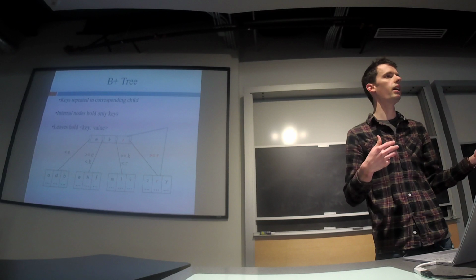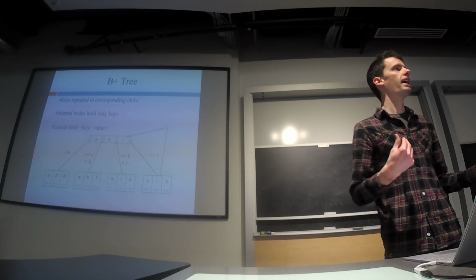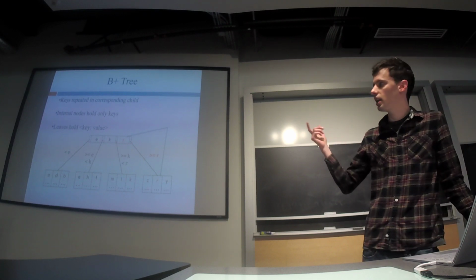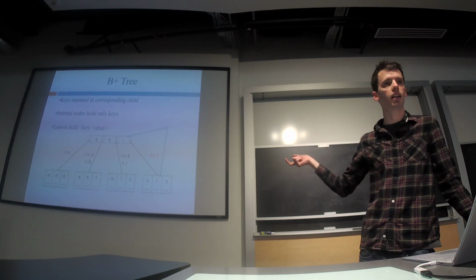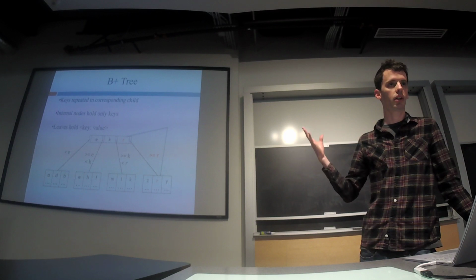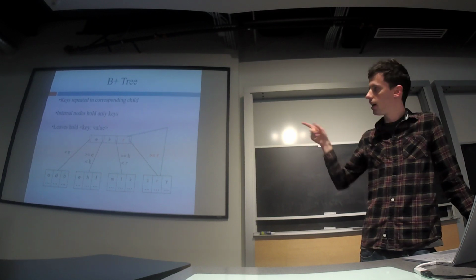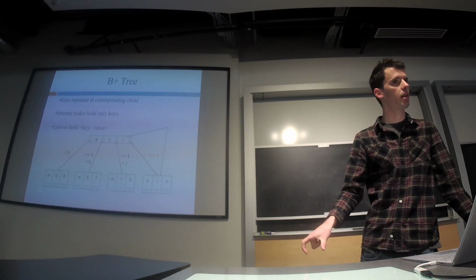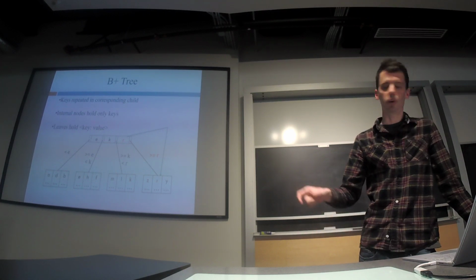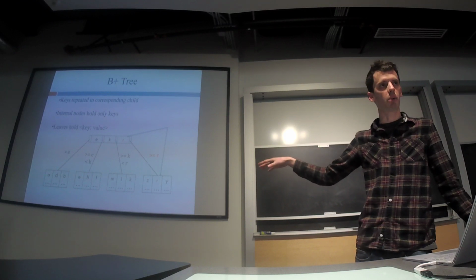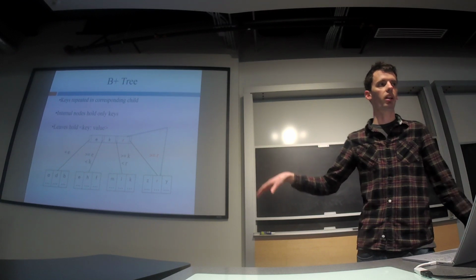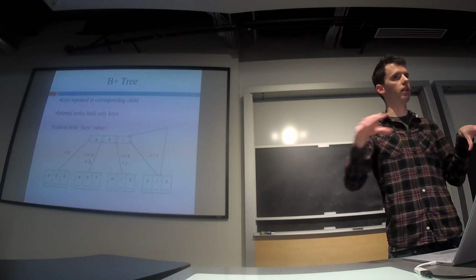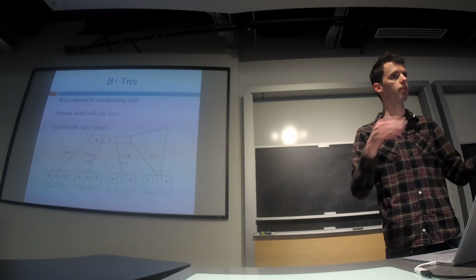So whatever information that key is referring to has to be somewhere in the tree. So you need to repeat the key in the leaf node because the internal node doesn't have the rest of the data. Like I have the R here, that's just the key R to tell me how to get to something with key of R. And then once I find it, there's more stuff down in that bucket in the leaf node. So this would be like multiple columns in a table.